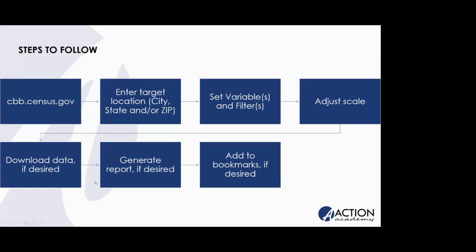We look at cbb.census.gov. This time we play with multiple variables and filters. We adjusted our scale. We moved in and out to zoom in on counties and zip codes and so forth. We could, again, download that data if we wanted to and generate reports. And again, just as in the first case study, you could add that to your bookmarks. You could come back to it over time as well.